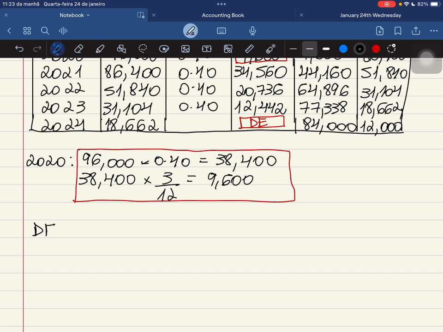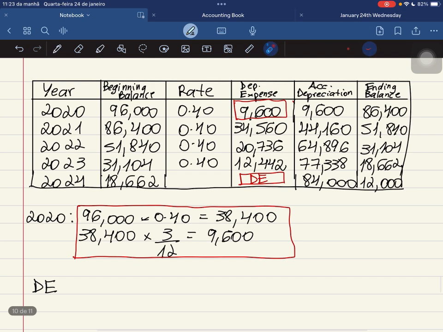This depreciation expense of this year, remember what do we do here to get the accumulated depreciation? It was either you add all of these up, like I said, or you can add the previous value with the depreciation expense of this year to get this value, right? So the logic is the same. This plus this would have to equal this. So we can just use algebra.